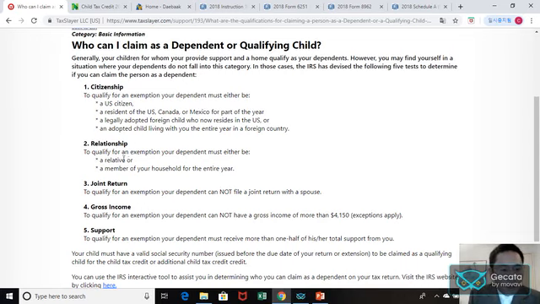They must be either a relative or member of your household for the entire year. They must not file a joint return with a spouse. Your dependent cannot have gross income of more than $4,150. They must receive more than one half of his or her total support from you.